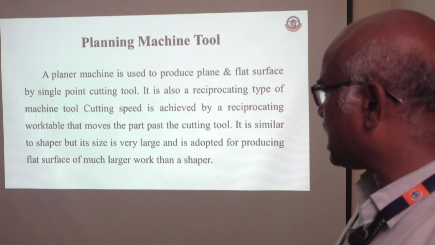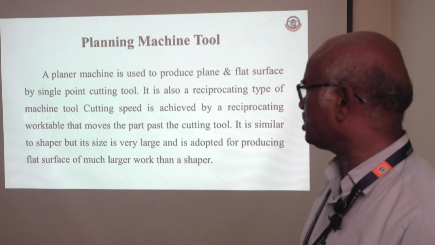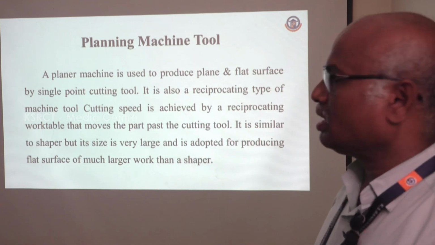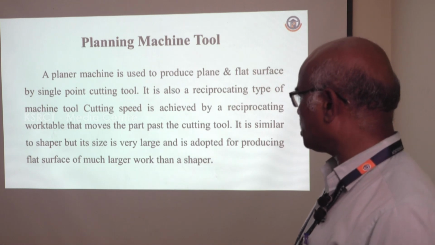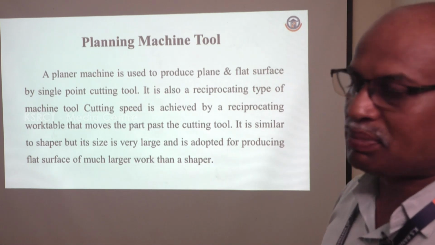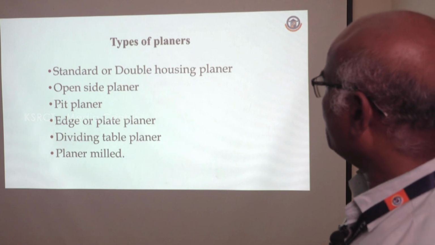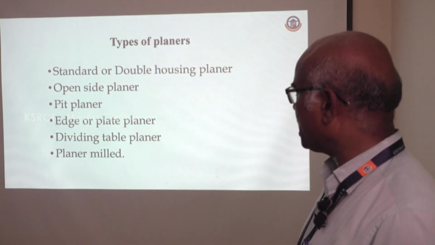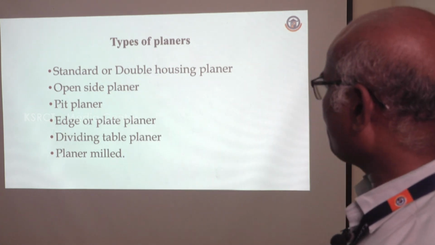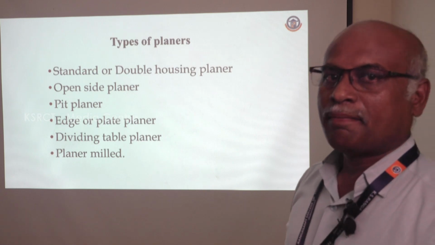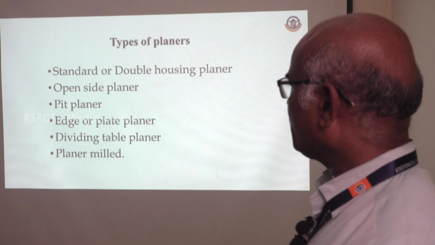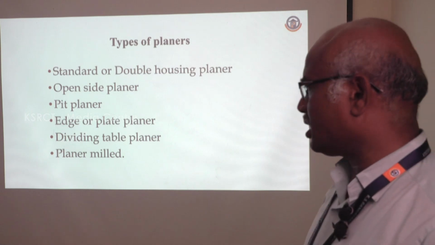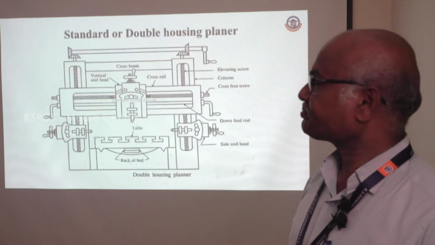It is similar to a shaper, but its size is very large and it is adapted for producing flat surfaces on much larger work than a shaper. The types of planing machine are the standard or double housing planer, open side planer, pit type planer, edge of plate planer, dividing table planer, then planing mill.